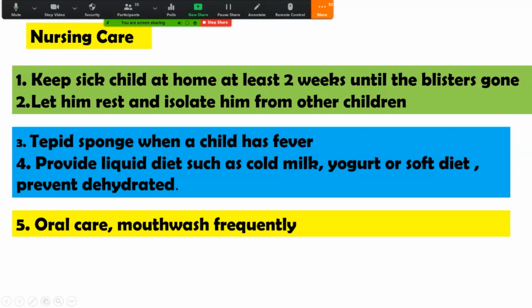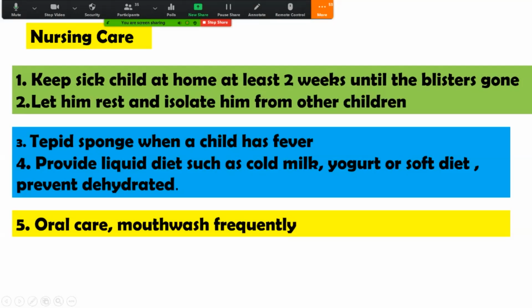Keep the sick child at home at least 2 weeks, at least 14 days, until the blisters are gone. Let the child rest and isolate the child from siblings or other children.